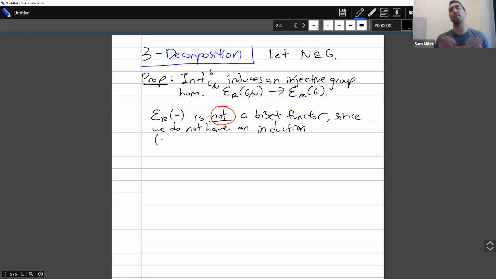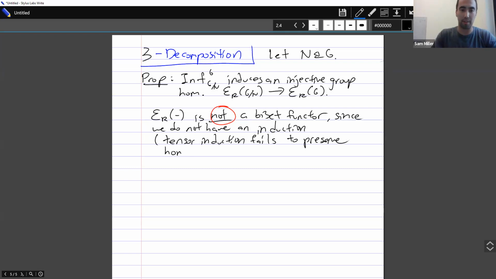Unfortunately, so one would think that because we're working in a multiplicative setting, tensor induction should work. But unfortunately, no, tensor induction fails quite miserably. And the key issue here is that it fails to preserve homotopy equivalence. And it doesn't even preserve contractibility.